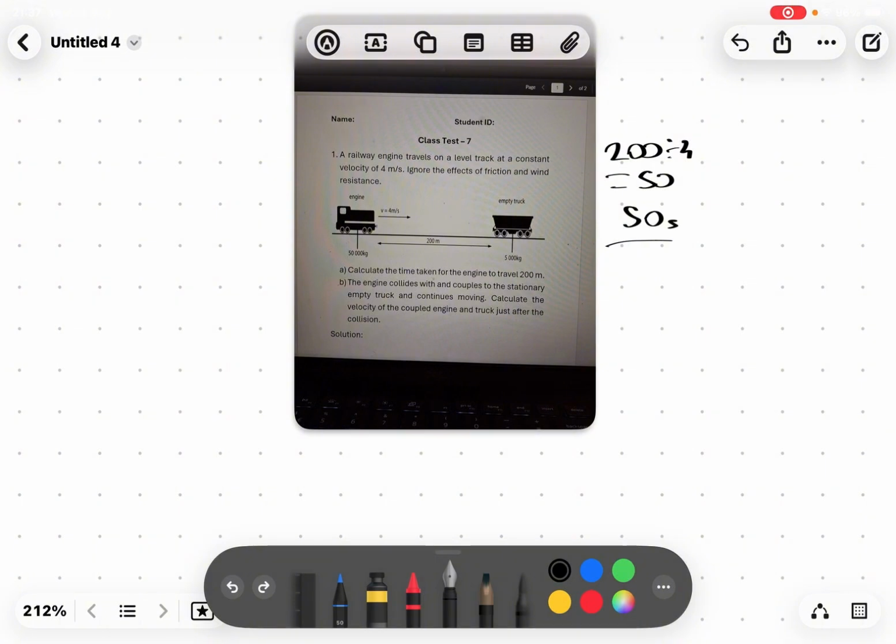However, the formula to answer this question is M1 times initial velocity 1 plus M2 times U2 equals M1 velocity 1 plus M2 V2.